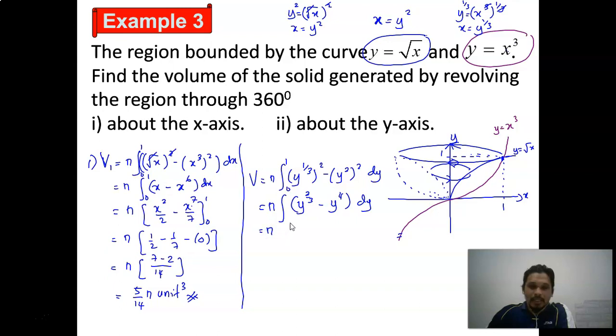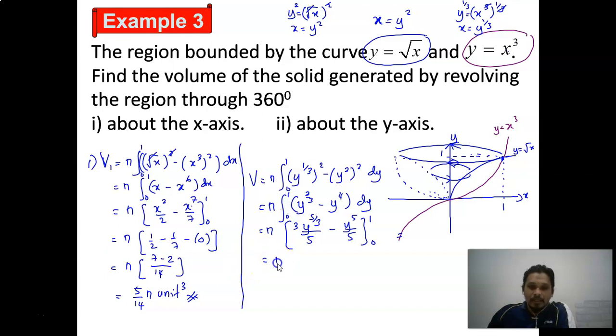Pi, then integral of y^(2/3): 2 over 3 plus 1, or 2 over 3 plus 3 over 3, which is 5 over 3, divided by 5 over 3, or switch upside down, it becomes 3 over 5. And minus the integral of y to the power of 4 dy: y^5 divided by 5, from 0 until 1.